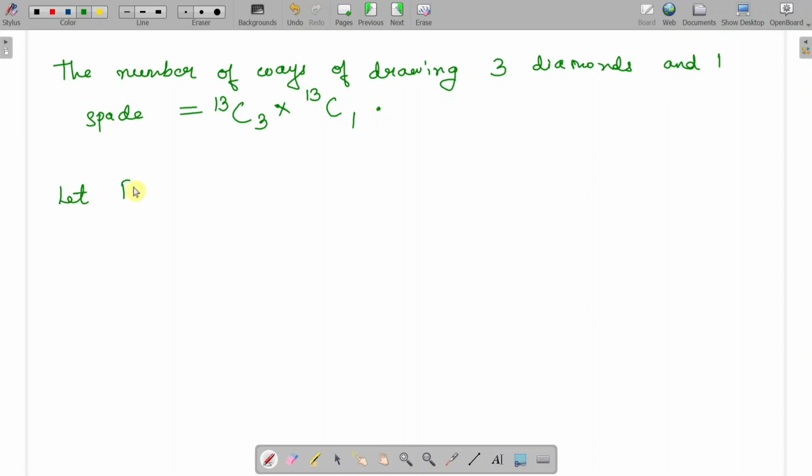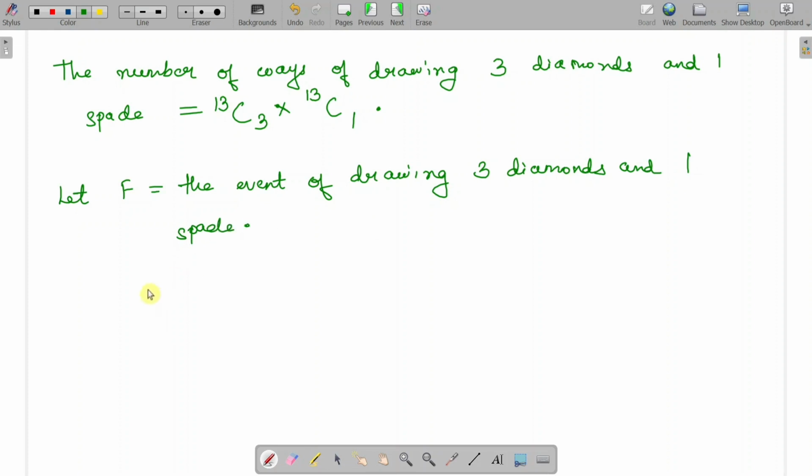Let F be the event of drawing 3 diamonds and 1 spade. Therefore the number of elements in set F is equal to 13C3 into 13C1.